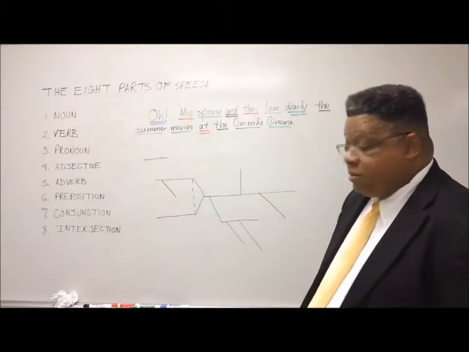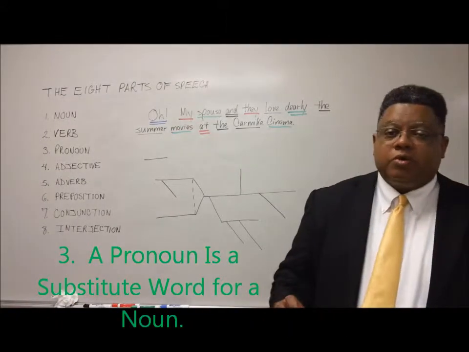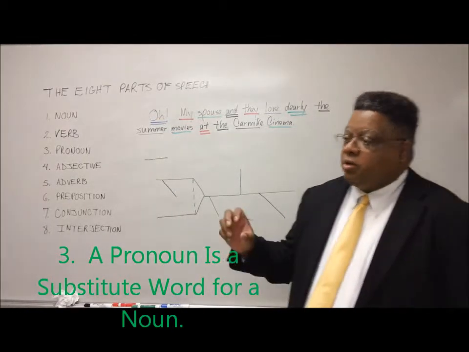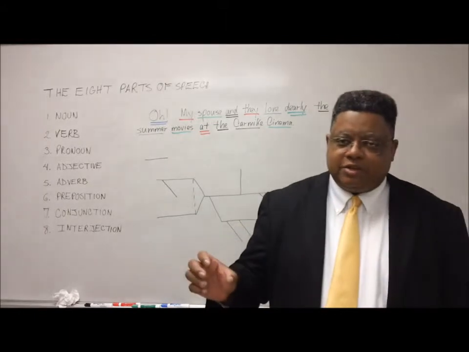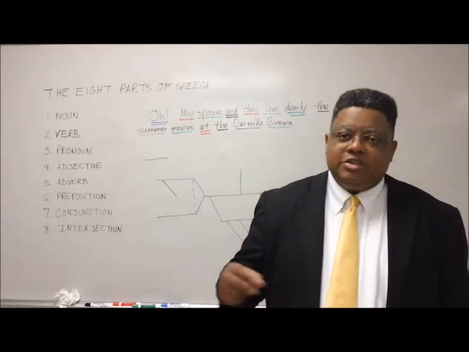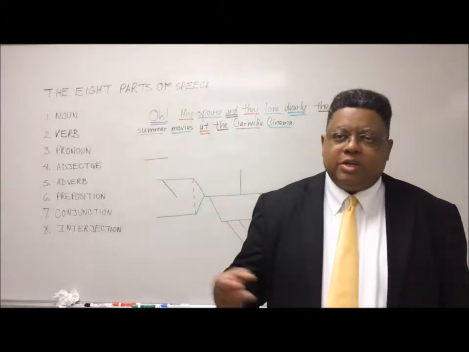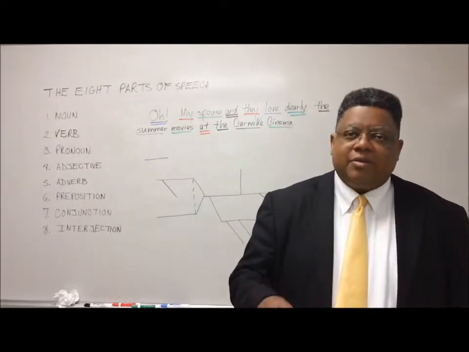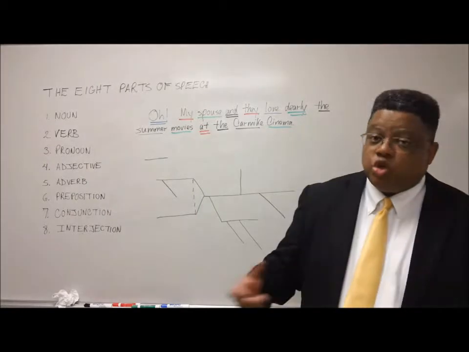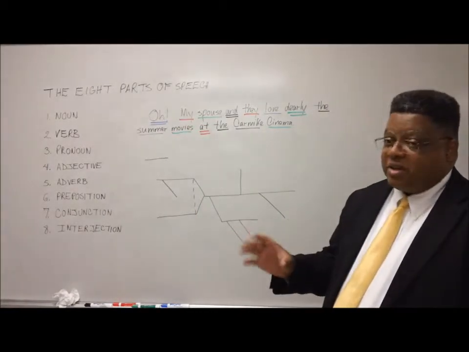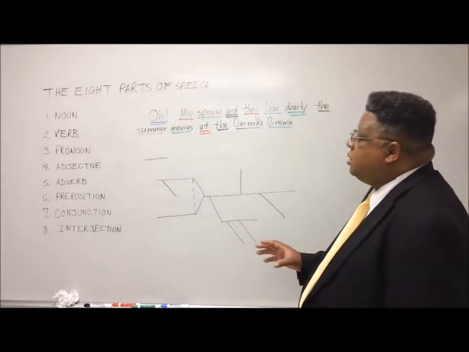A pronoun is a word that can be used to substitute for a noun. There are only a limited number of pronouns in the English language: he, she, it, they, him, her, his, I, we, us, you. A very limited amount of pronouns. I've just about exhausted most of them that I can remember.